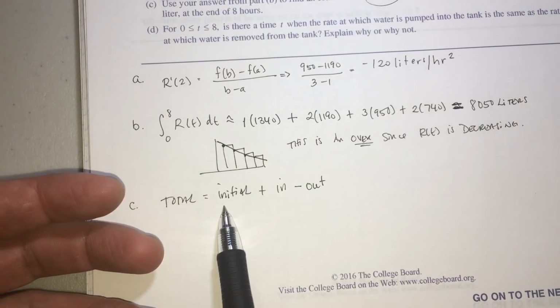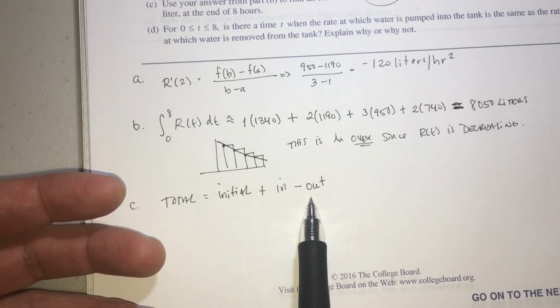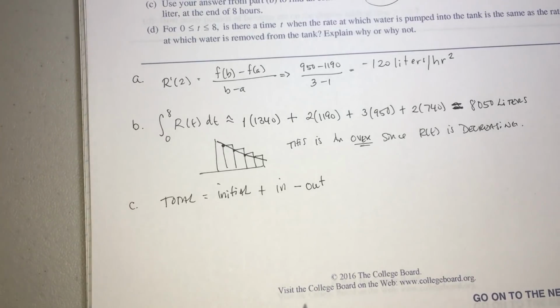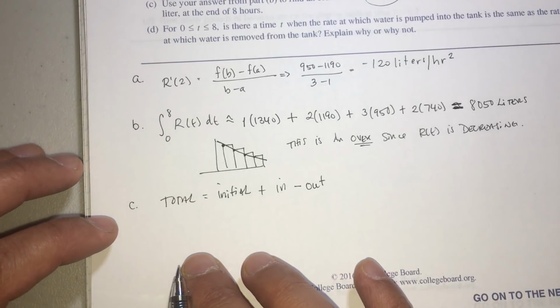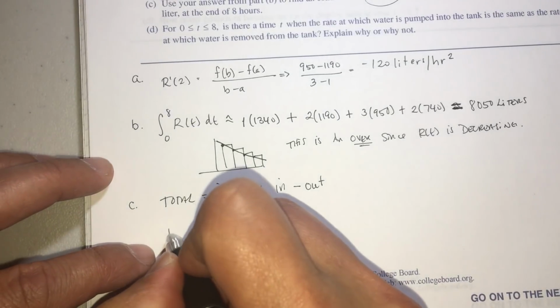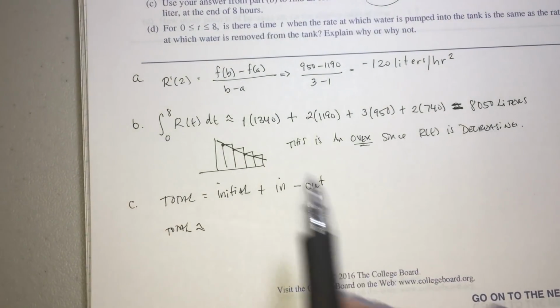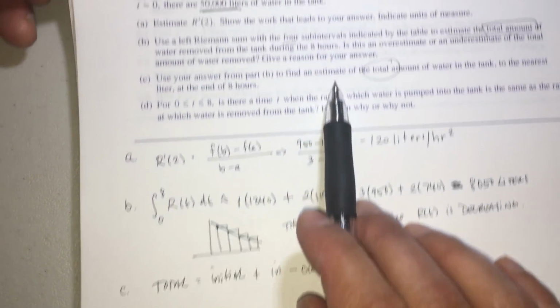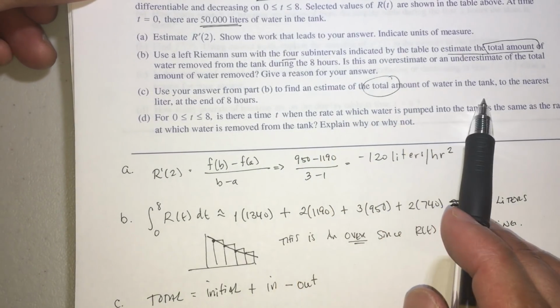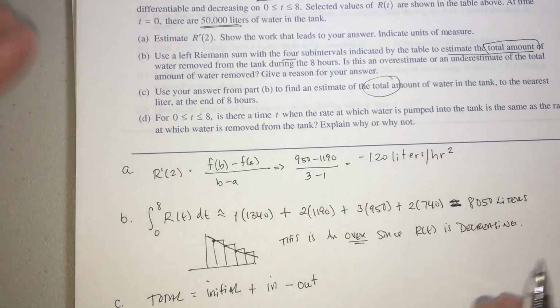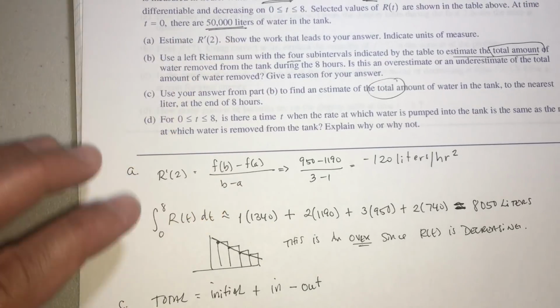Okay, what do we start with, what's going in, and what's going out. That's your accumulated rate, period. So when we're talking about the total in this case, you can write total on the exam too, because it says use your answer in part B to estimate the total amount of water in the tank. What do we start with? It tells us that we're starting with 50,000 liters.